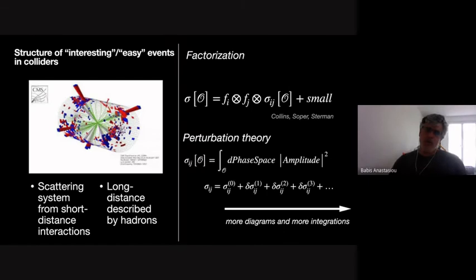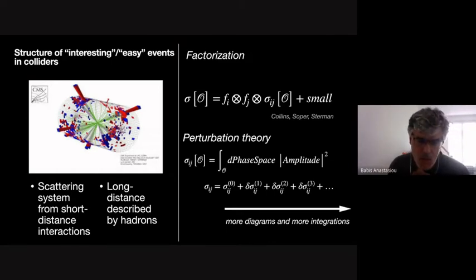So I will talk about a class of events that happen at colliders, and they are relatively easy with respect to what you as specialists deal with at the ECT in Trento. They are easy because they refer to very well separated final states like jets and events that involve large momentum transfers.